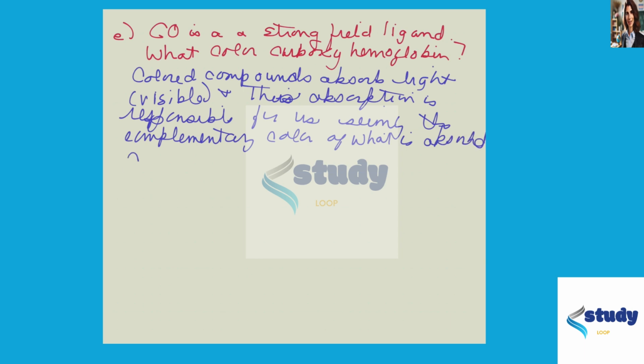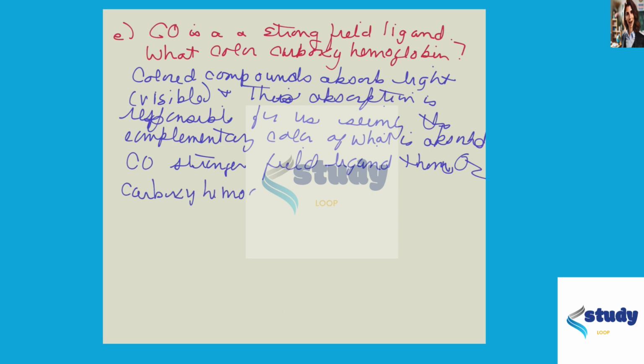CO is a stronger field ligand than O2. So the carboxyhemoglobin will absorb a shorter wavelength than hemoglobin.